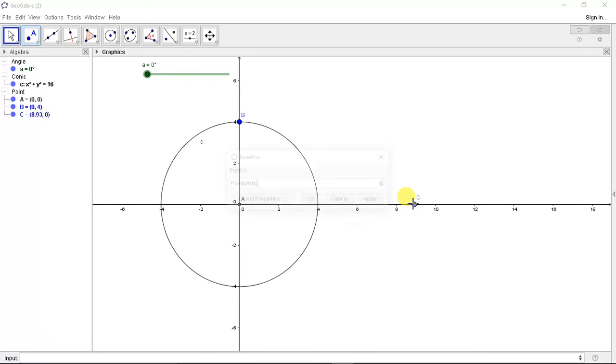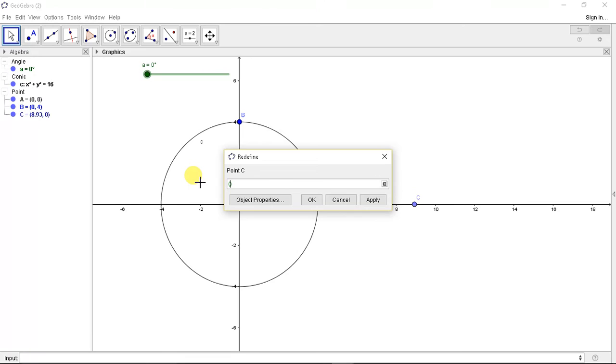So let's define this point as 100 minus y of b, square, raised to 0.5, which is replaced by the under root sign, plus x of b, comma 0, as the point here is on the x-axis.